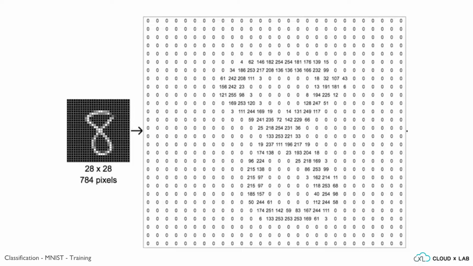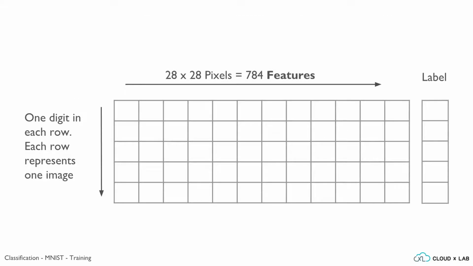There are many ways of converting a two-dimensional image into a one-dimensional array or list of numbers. For now, we will take a simple approach whereby we will append all the rows and make a single-dimensional array. A 28 by 28 image will have a total of 784 pixels, and it can be represented as an array of 784 numbers.